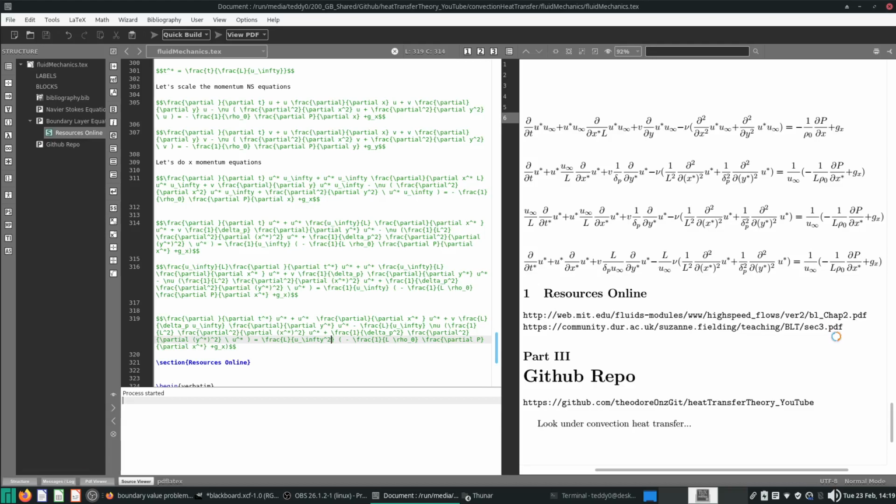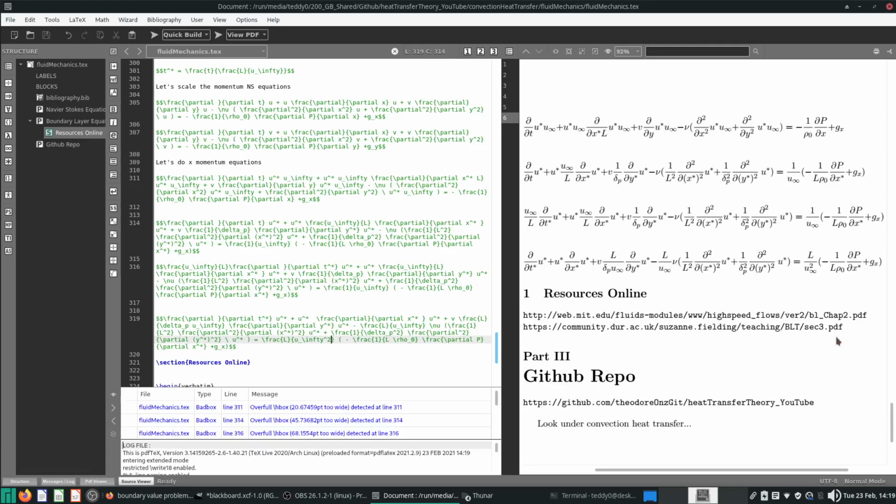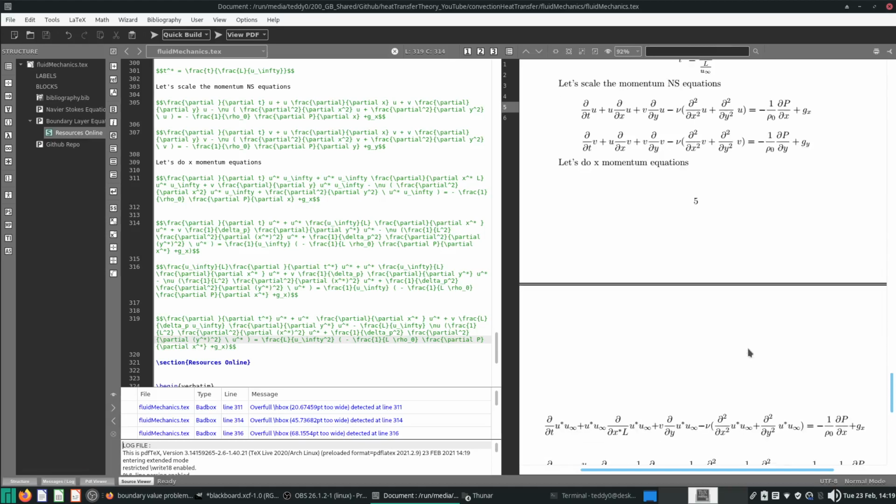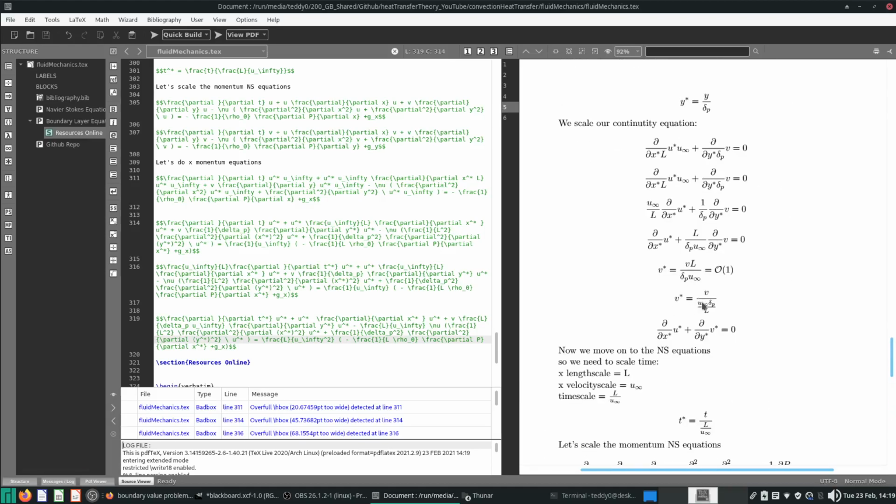Alright, we're almost there. So what do we notice about this? V, L, delta P, and u infinity. How did we scale our momentum equation? We had this V star here.